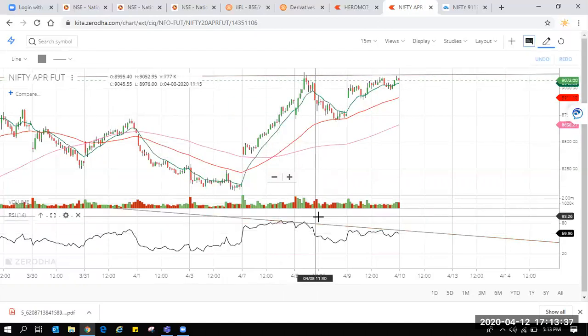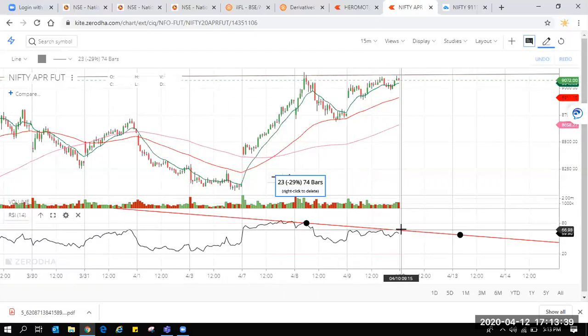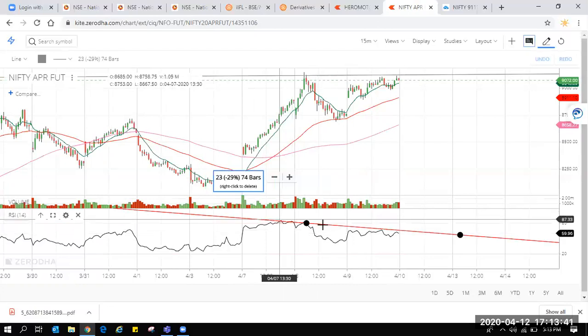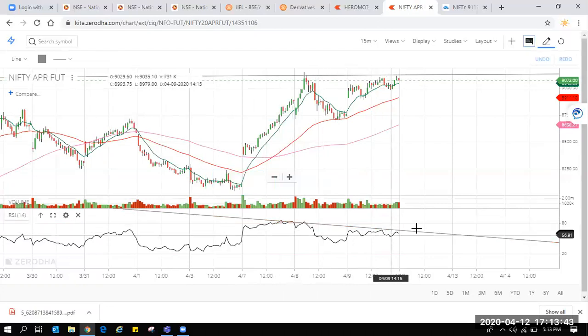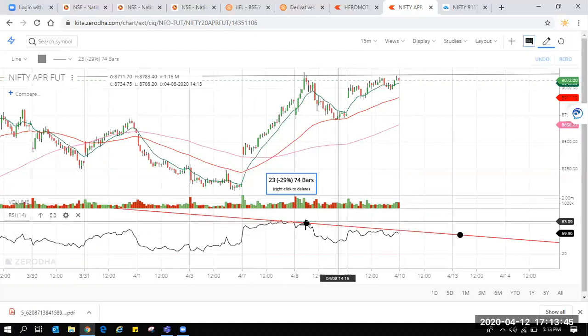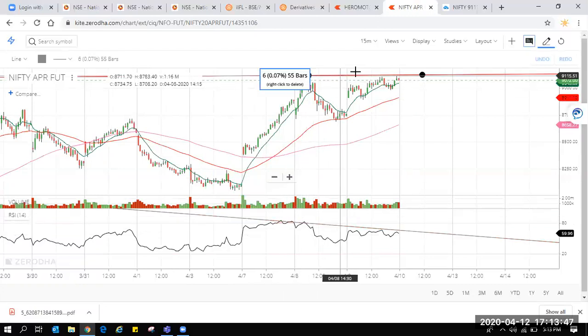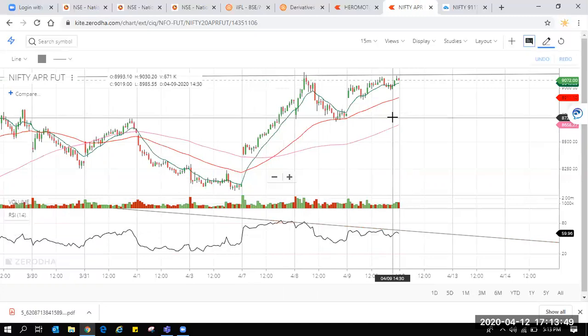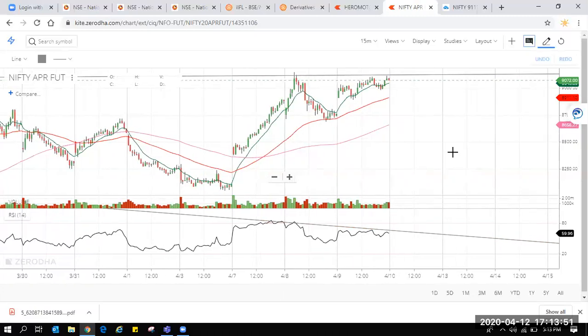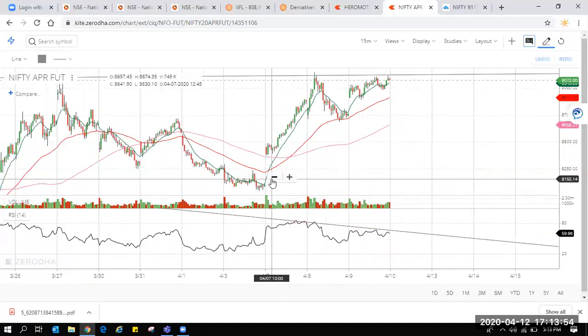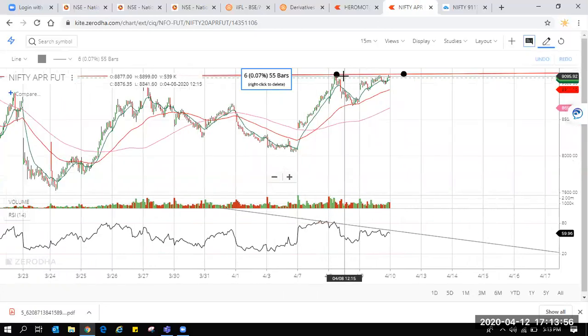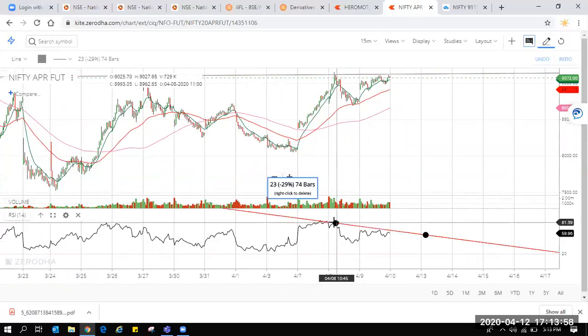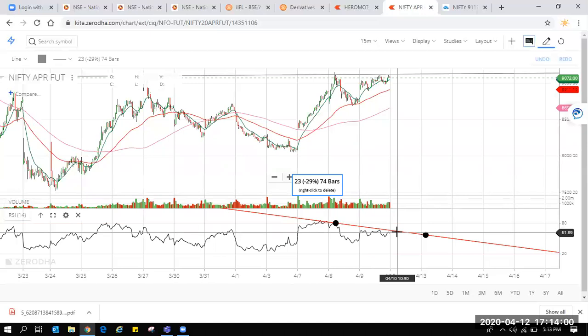If you see, there is a divergence on RSI, the Relative Strength Index 14. What is divergence in simpler terms? If the stock is going higher, here you can see the stock is going higher, but your RSI is going in a downward channel.